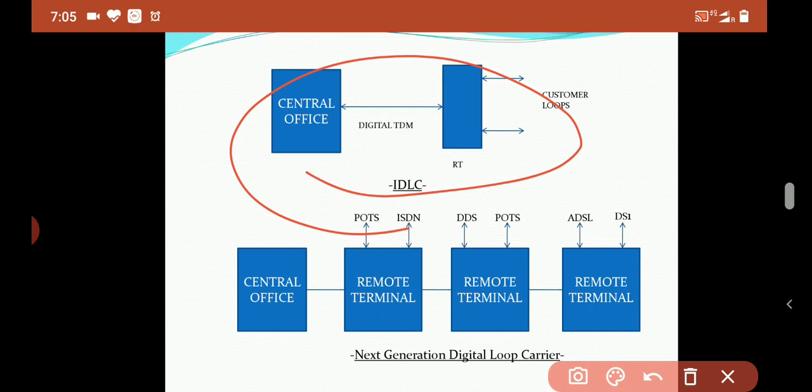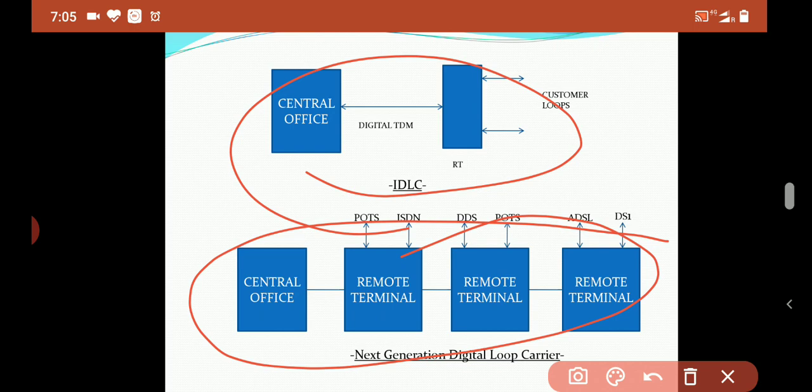Let's talk about the next generation digital loop carrier system. The term next generation digital loop carrier system provides additional configuration options and interfaces. It is being adopted within the industry and is referred to as NG-DLC. There are four basic attributes of this generation.